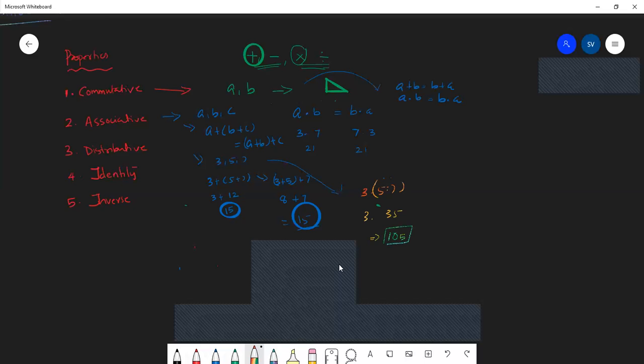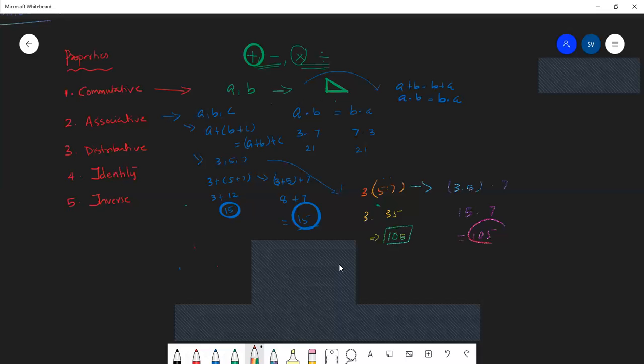Okay, we can check whether this will satisfy the associative property. What is associative property for multiplication? (A times B) times C is equal to A times (B times C). So we can first try 3 times 5, and then times 7. 3 times 5 is 15. 15 times 7 is also 105.